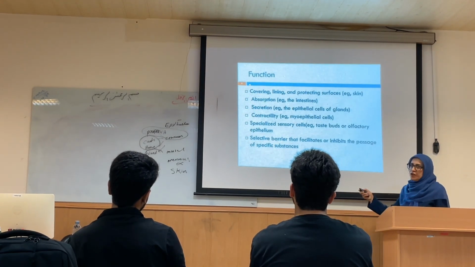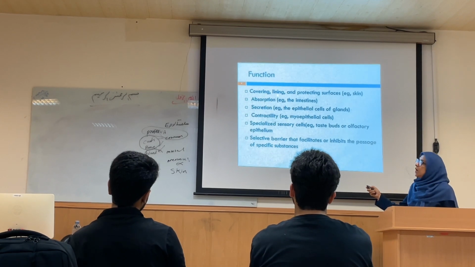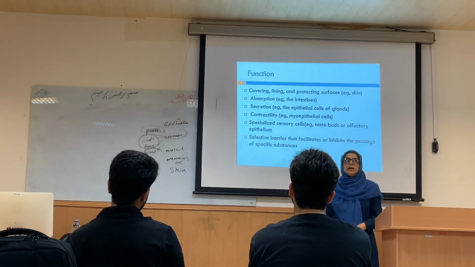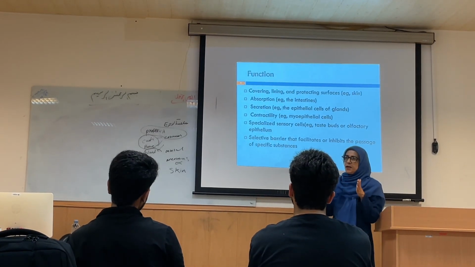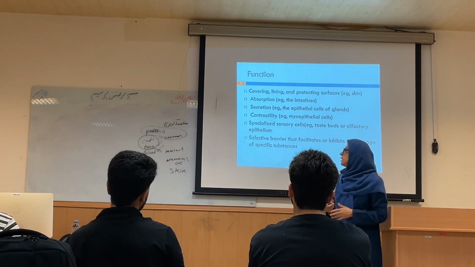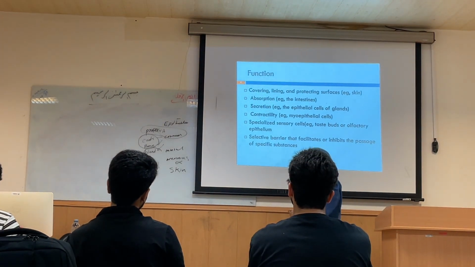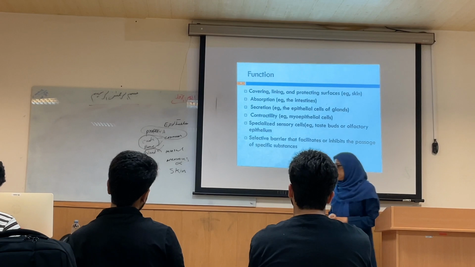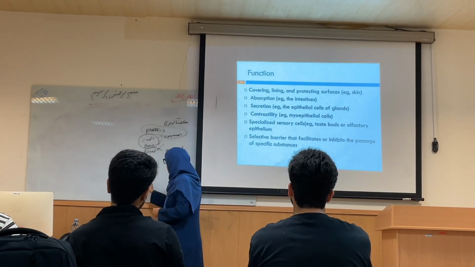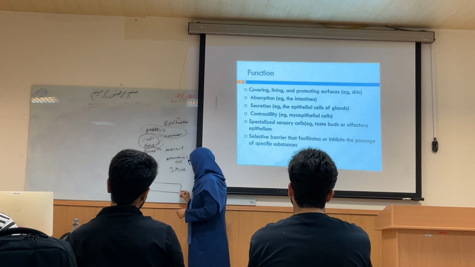The main function of this tissue is covering and lining. Covering is mostly used for the epidermis of the skin, covering our body, and lining is used for hollow organs, lining, for example, the trachea or the esophagus. In addition to this lining, the cells that line one part, line this part.